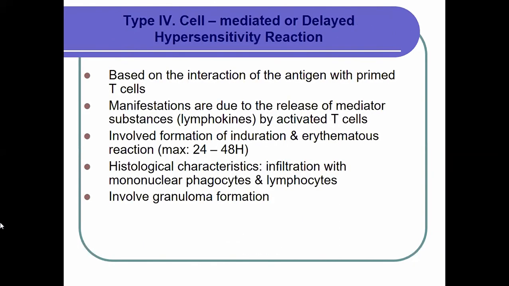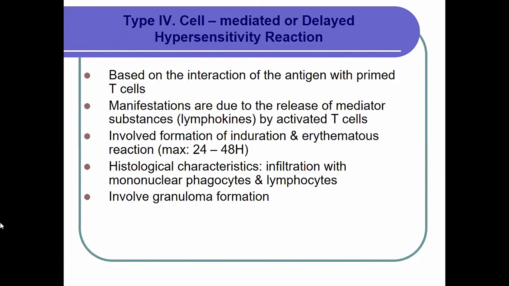Last, we have type 4, or the cell-mediated or delayed type hypersensitivity reaction. This is based on the interaction of the antigen with the primed T cell. So this is cell-mediated. The manifestations are due to the release of lymphokines by the activated T cells.